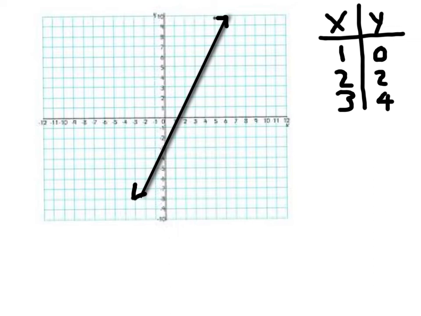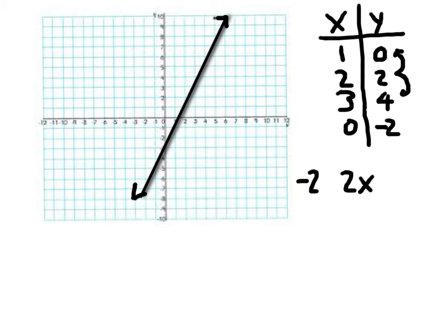I could have even chosen 0 there, and then I would have known that x is 0 when y is negative 2. You'll notice here that these all go by increments of 2, which means that we will be using 2x in one way or another. Now our other point that helps us is when x is 0. When x is 0, y is negative 2.